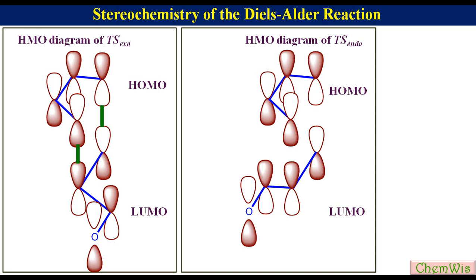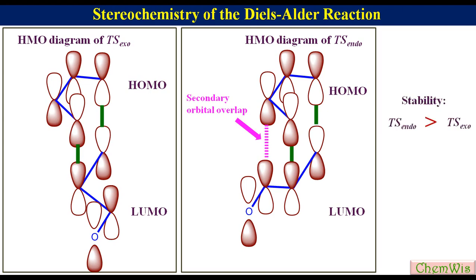These are the primary orbital overlaps responsible for the bond formation. This is an additional orbital interaction called secondary orbital overlap that provides additional stabilization to the endo transition state. So, the endo transition state is more stable than the exo transition state because of secondary orbital overlap.